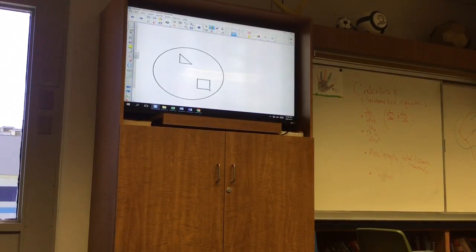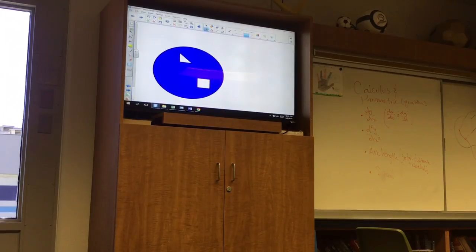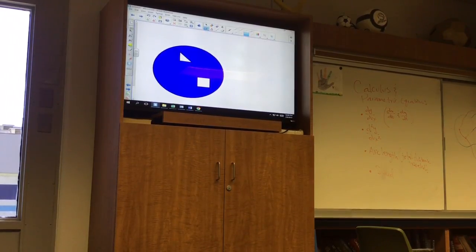Cool. Let's say this. You ready? Say I said, give me the area of this circle minus the area of what's blue. What I would do is this.